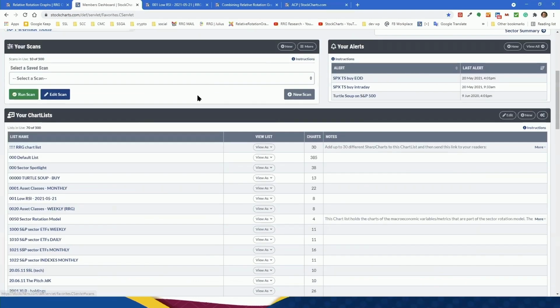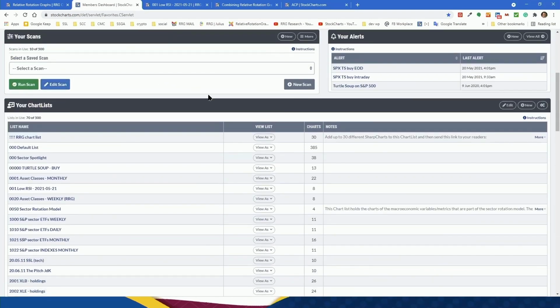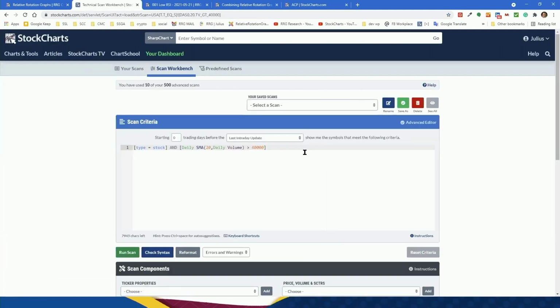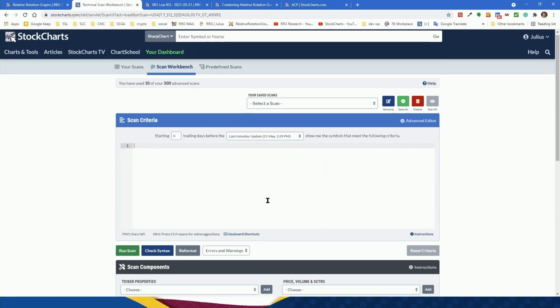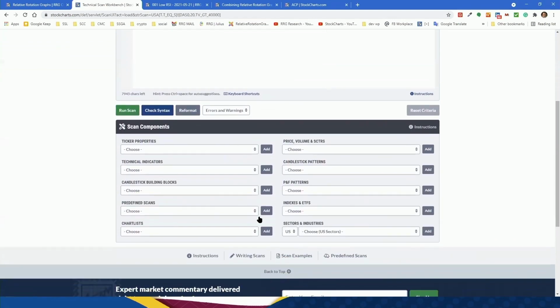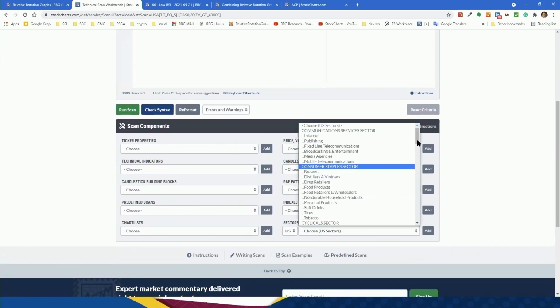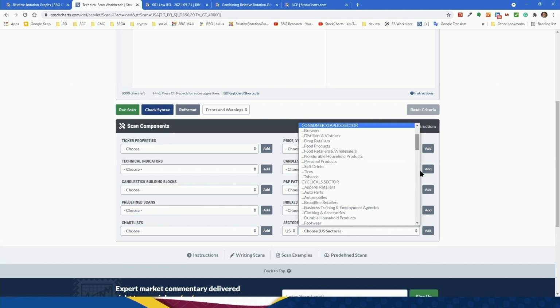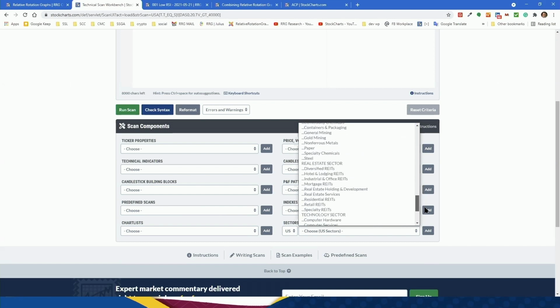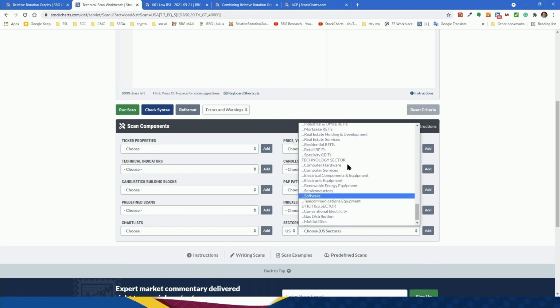So here's scans. And I'm going to do a new scan. I'm going to move this away. And I'm going to look for computer services, which is in the technology sector. Here's the technology sector.